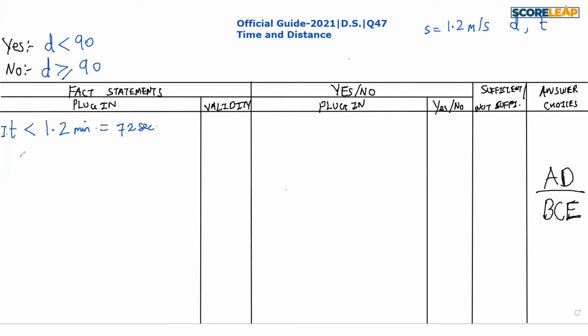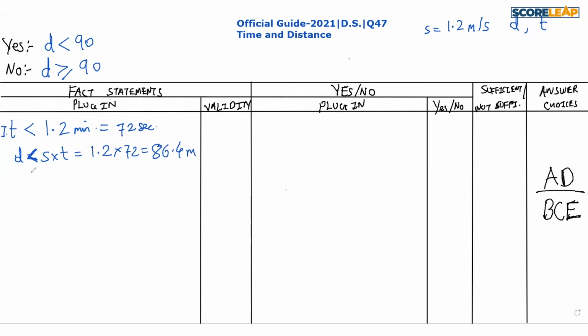In that much time, distance is equal to speed into time. So d will be less than s into t. So s is 1.2 into 72, which is equal to 86.4.